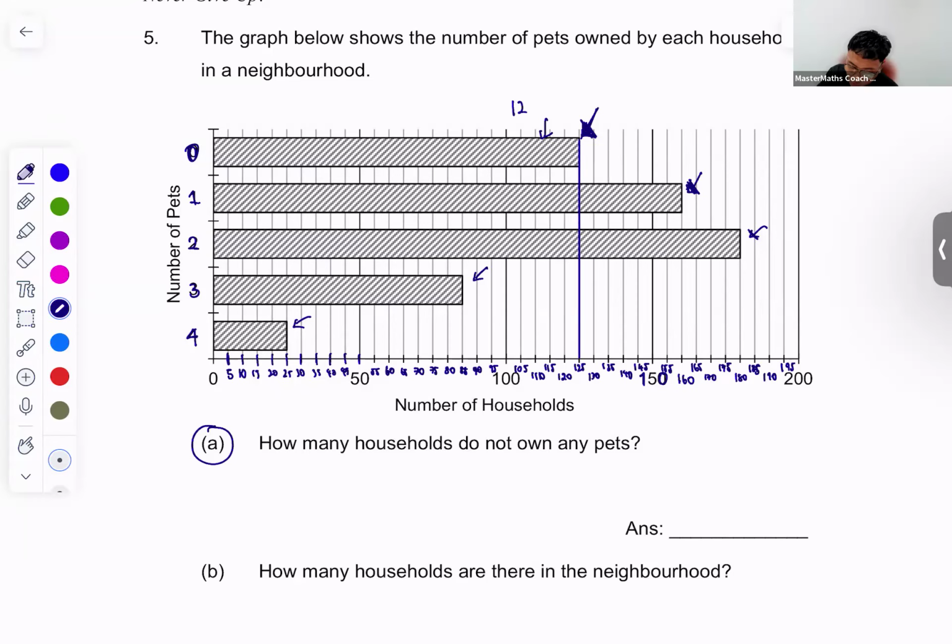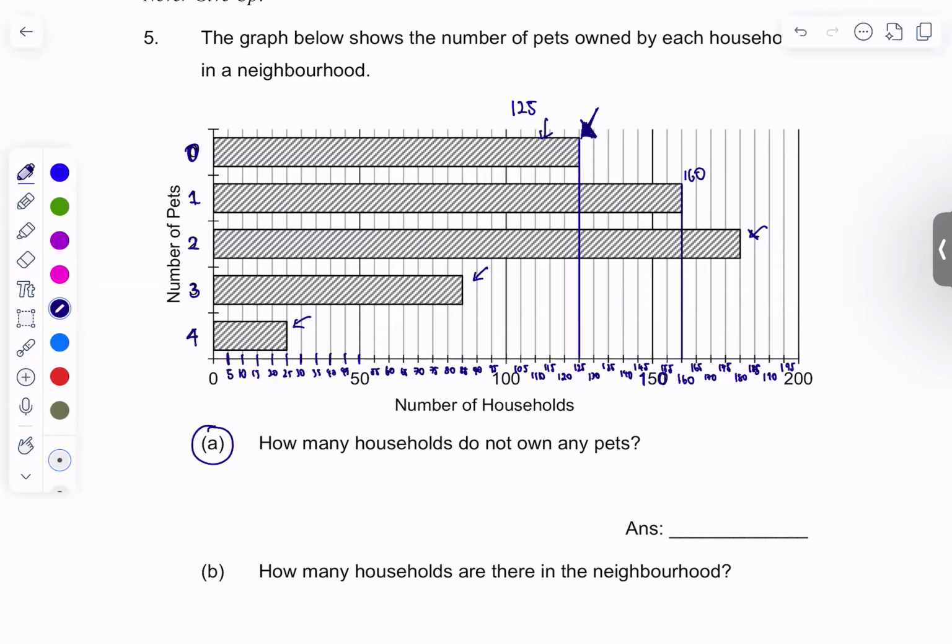Okay, this is 125. One more time, I'm going to show you. For the household that only has one pet, I'm going to draw a line down here. So what's the number here? 160. Can you help me do the rest?